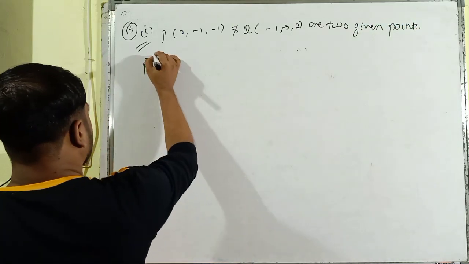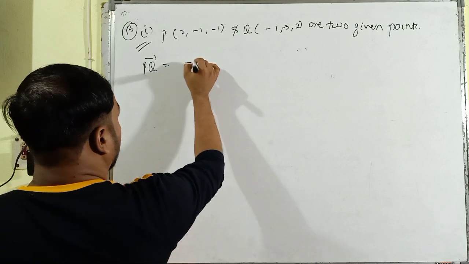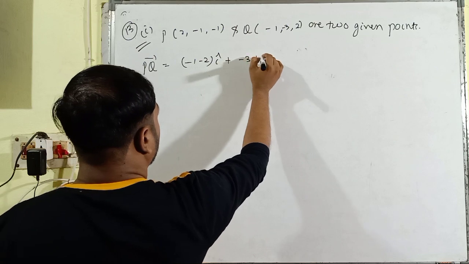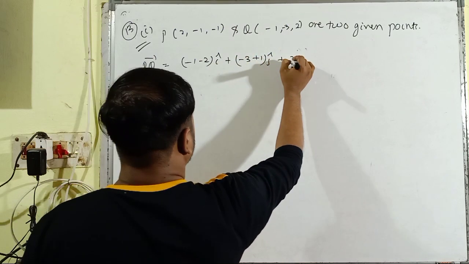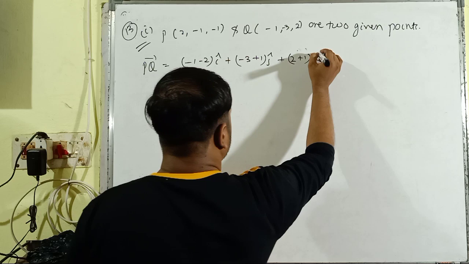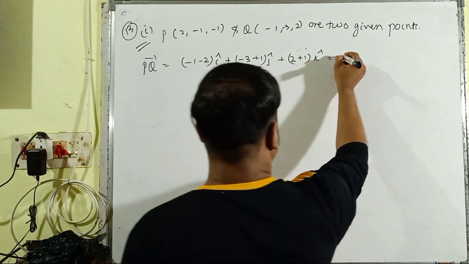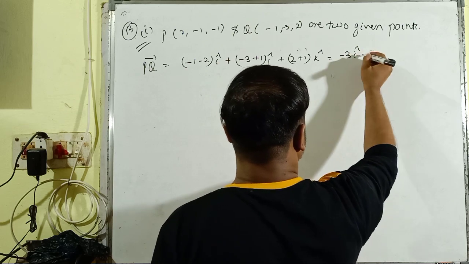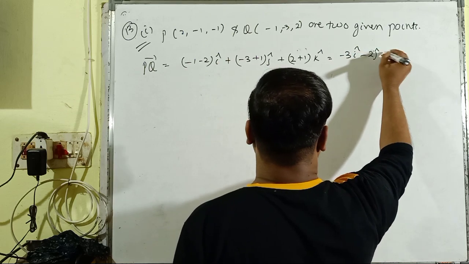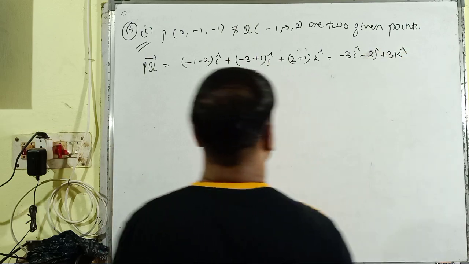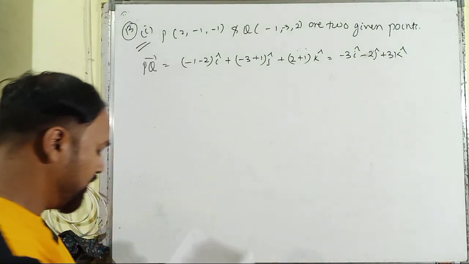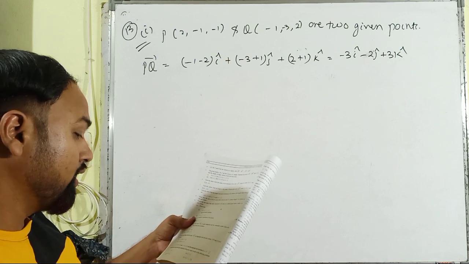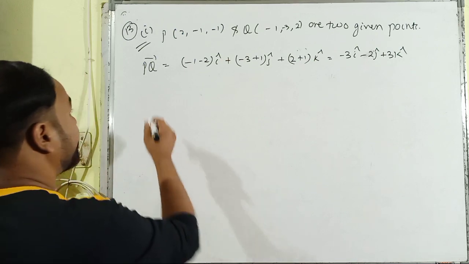Then PQ vector is equal to (-1 - 2) i cap plus (-3 + 1) j cap plus (2 + 1) k cap, and here it is -3 i cap minus 2 j cap plus 3 k cap, and here it is the PQ vector. Then we have to find out its magnitude as well as its direction cosines.